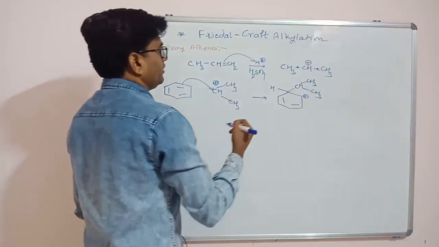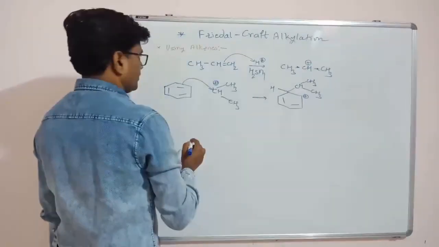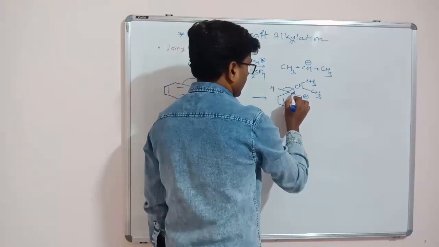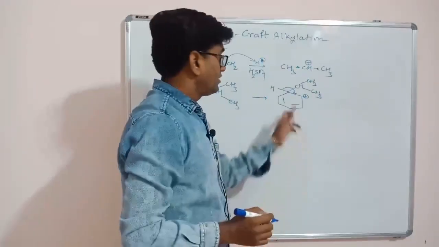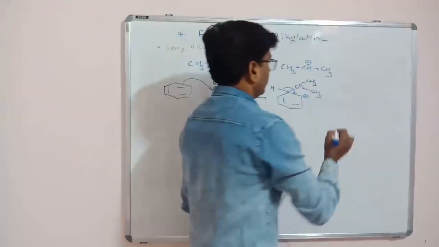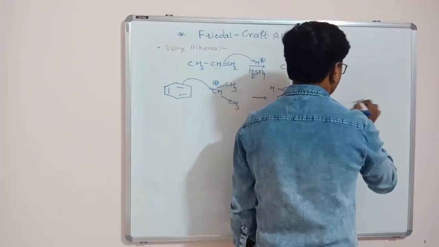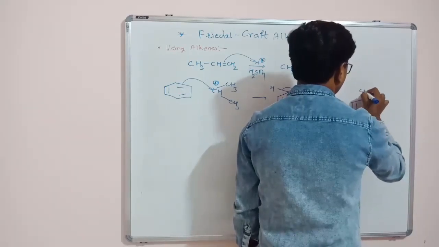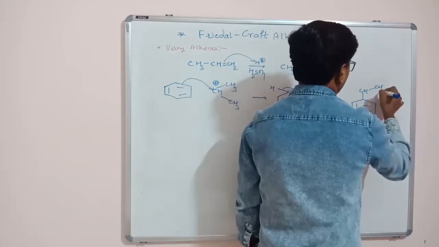So this is called the sigma complex. Now the third step is aromatization. So what will happen? This proton will be lost and this single bond is converted to the double bond. So we will get a product, that is cumene.